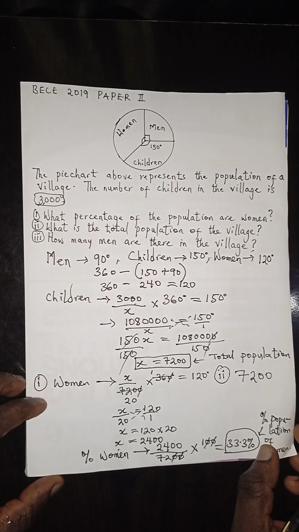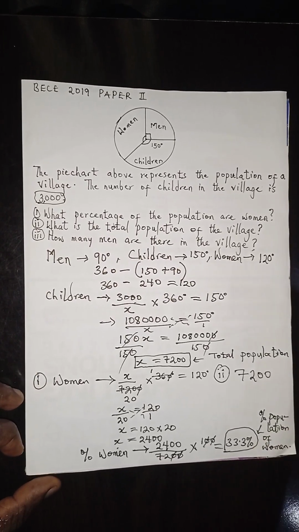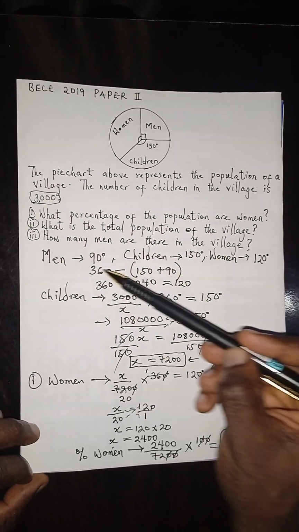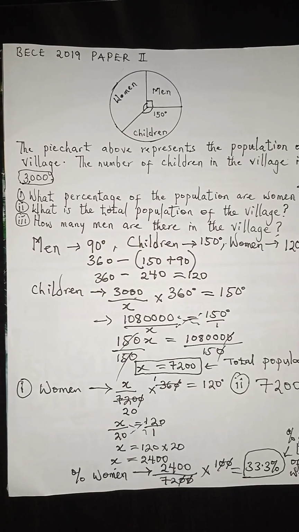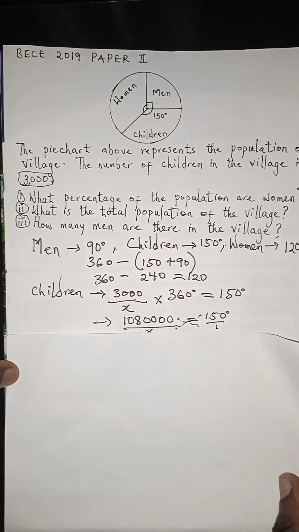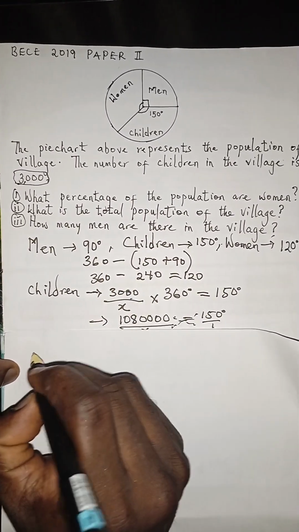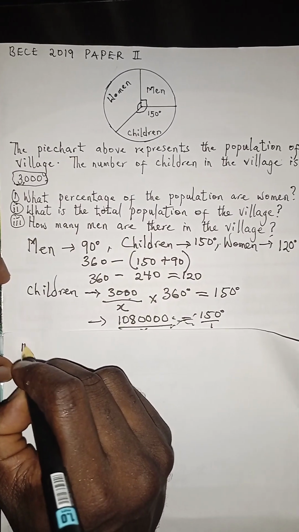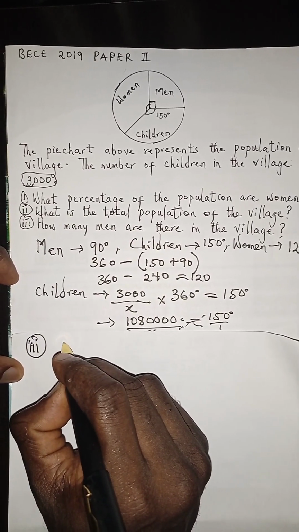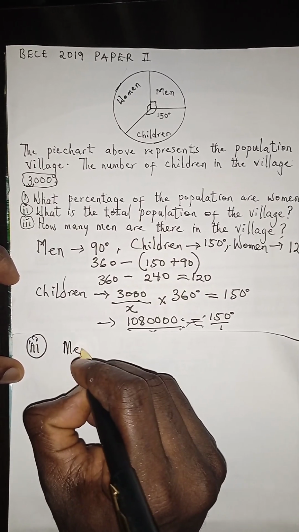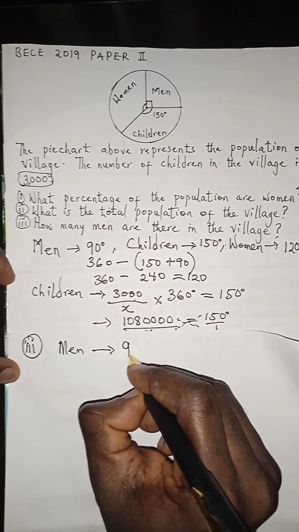So that's also simple. How many men are there in the village? First of all, the angle given us for men is 90 degrees.